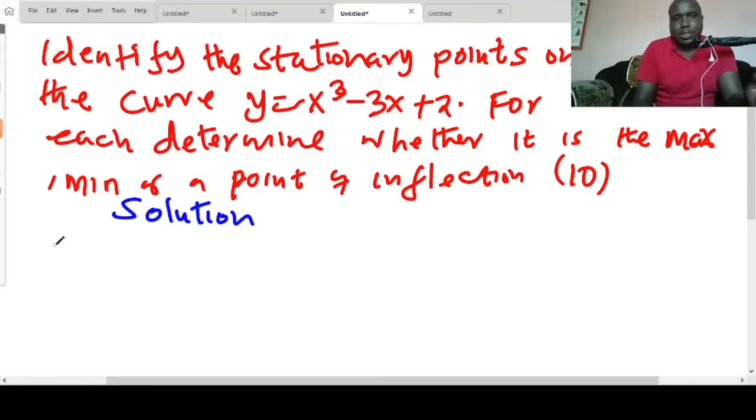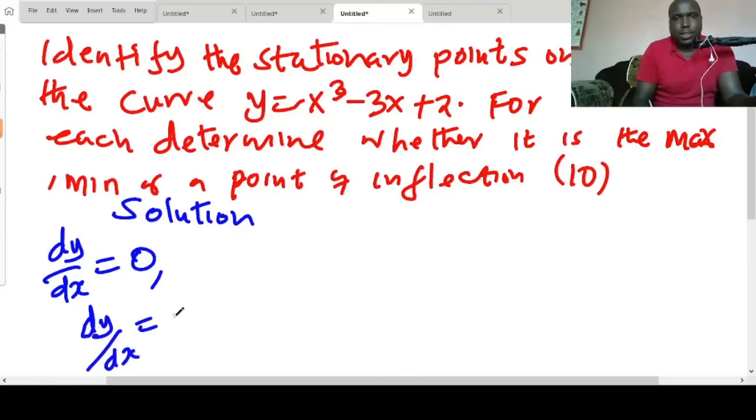So at the stationary point, dy over dx is equal to 0. So let us get dy over dx. We differentiate this one, and we are going to get dy over dx is equal to 3x squared minus 3.